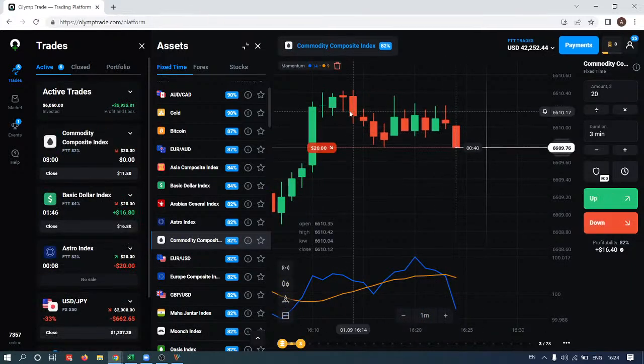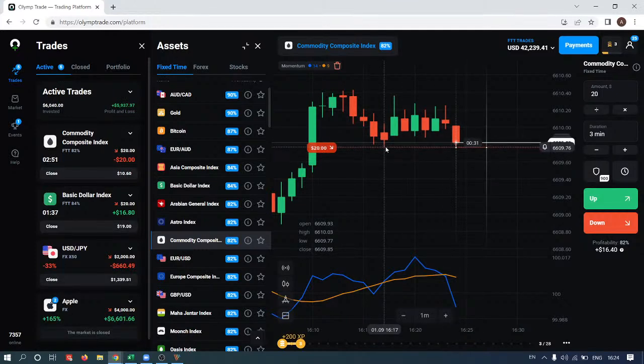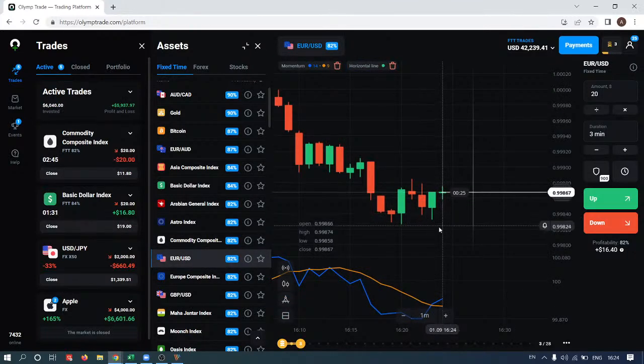And let's try commodity composite index, a recent down signal. So in case this level gets broken down, we might see acceleration of a trend, and ideally I hope that it will close with a profit.